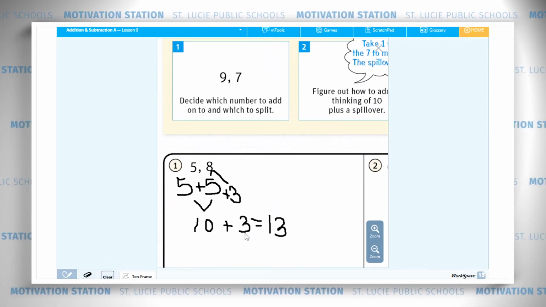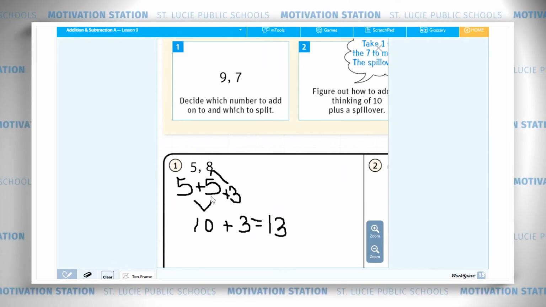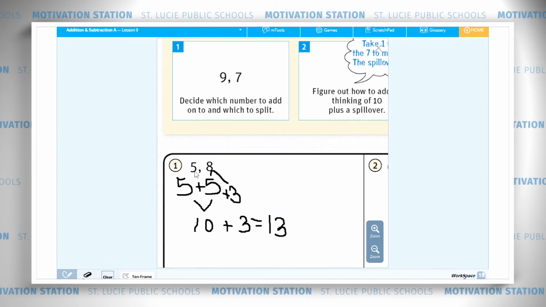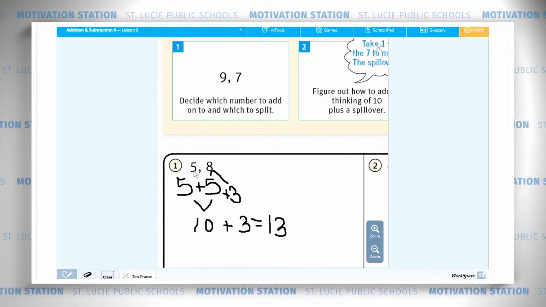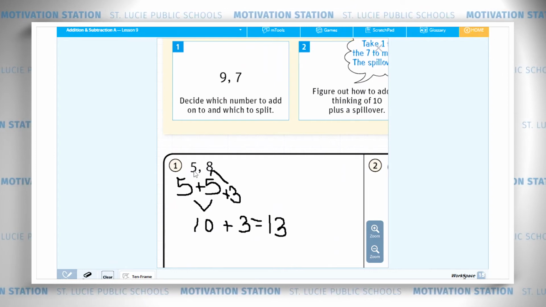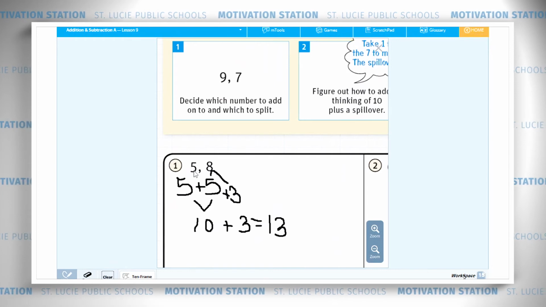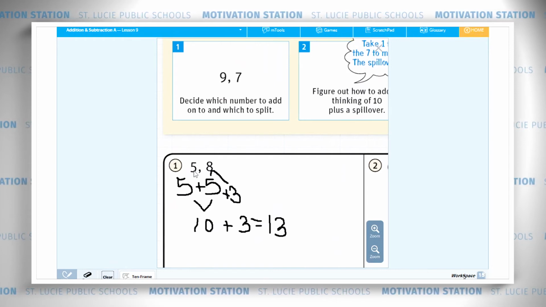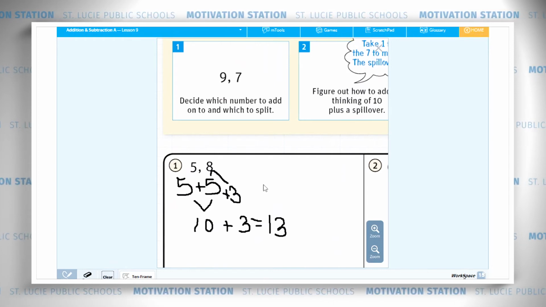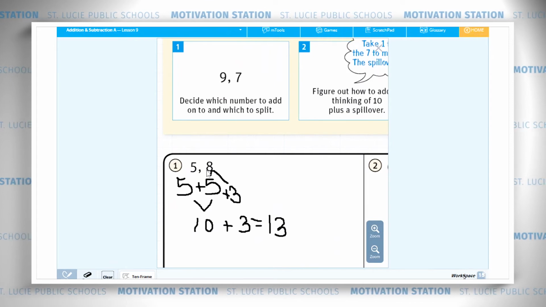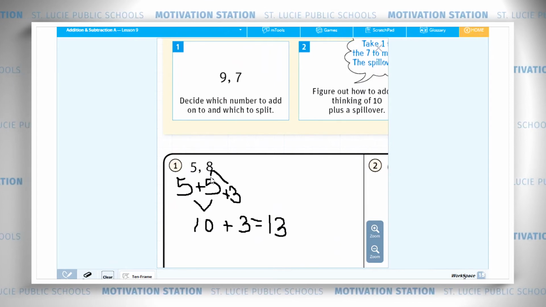And because this is new for us, we can count on. We can start at 5 and add 8. 5, 6, 7, 8, 9, 10, 11, 12, 13. And so we are correct. 5 plus 8 equals 13.